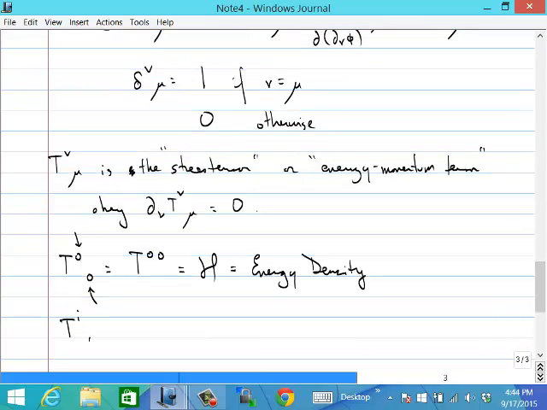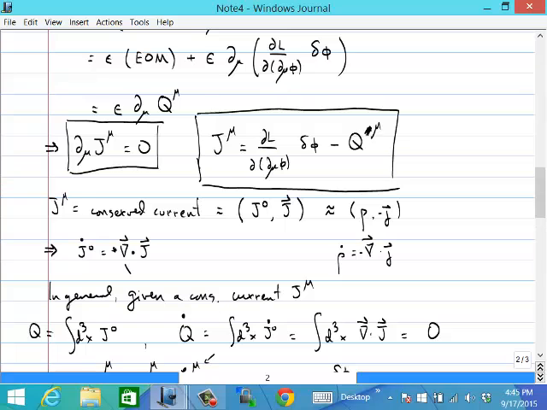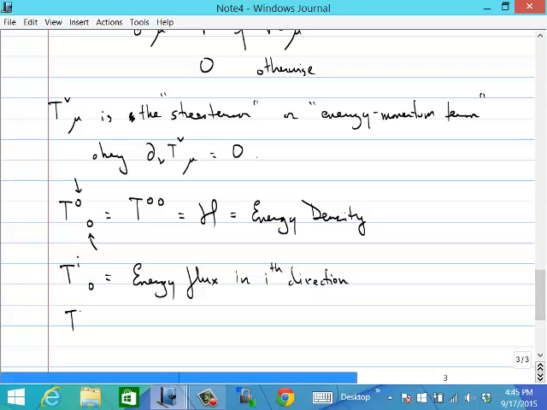What is Ti0? If you remember your conservation law, it plays the same role to energy density as current plays to charge density. So it describes the energy flux in the ith direction. Here I'm using the notation where i runs from 1 up to 3, so it doesn't run over 0. Similarly, T0i is going to be a momentum density.